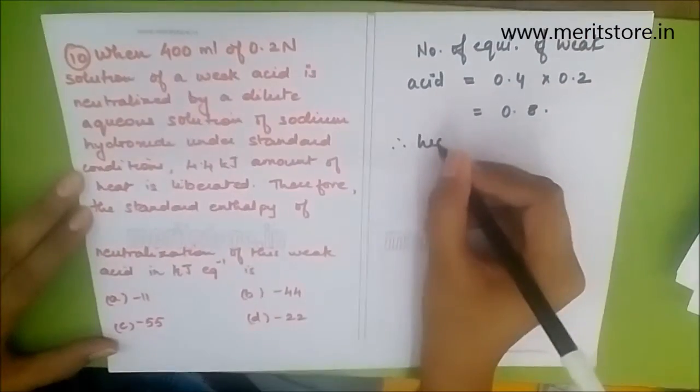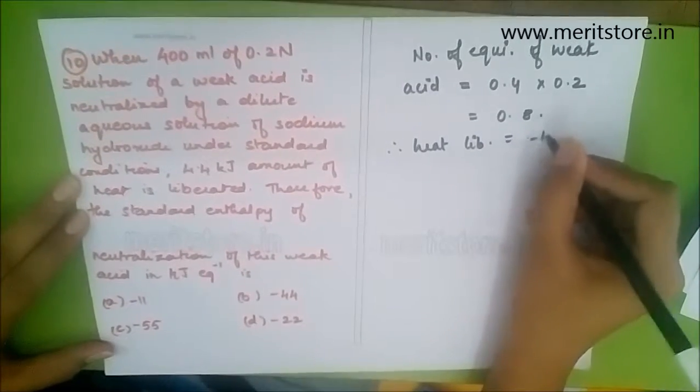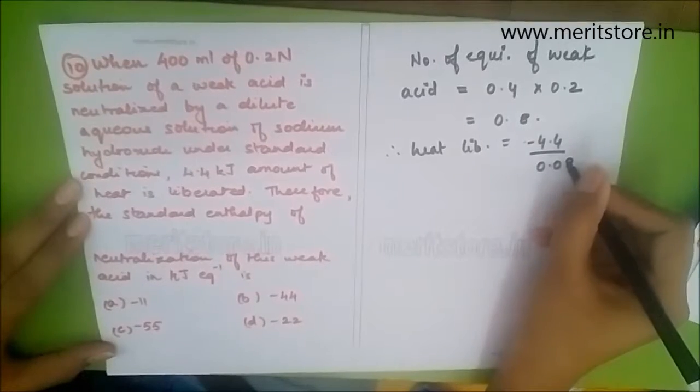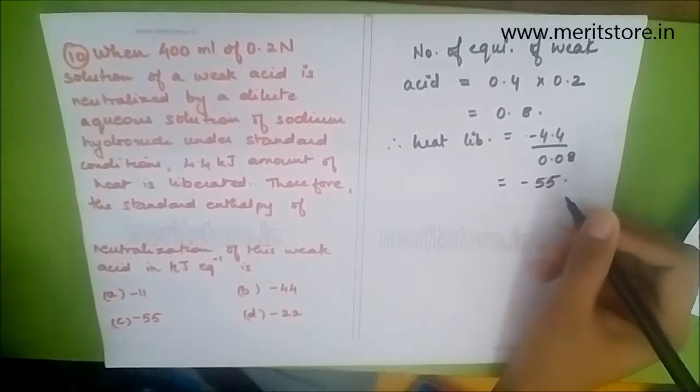Now the heat liberated is given by minus 4.4 divided by 0.08, which gives the answer of minus 55.